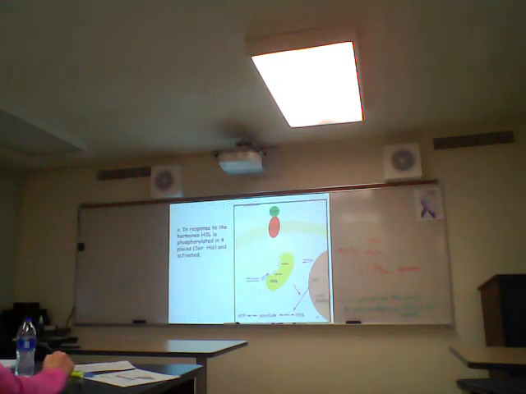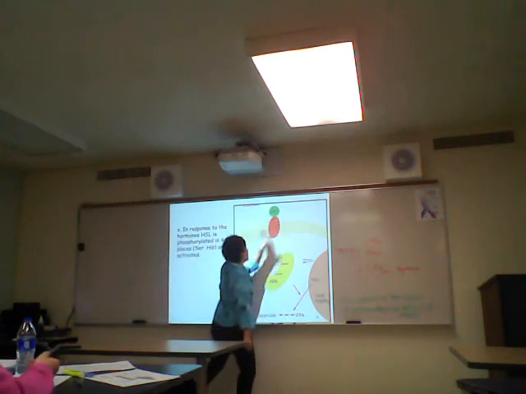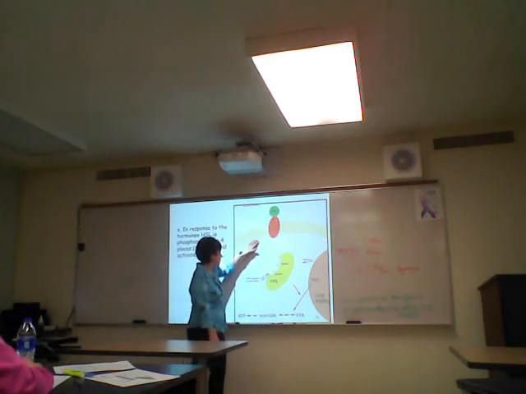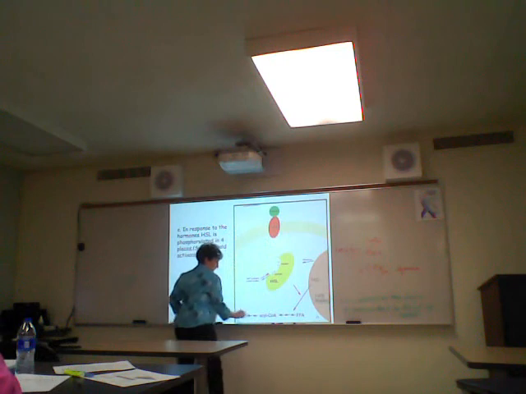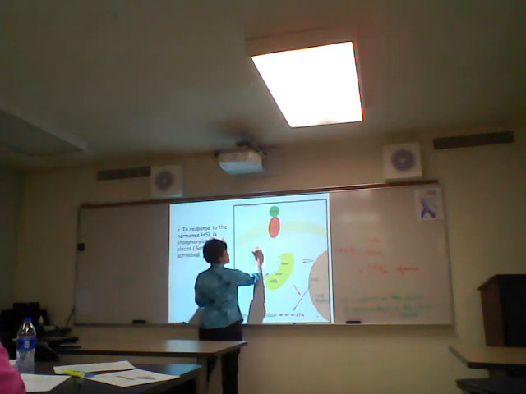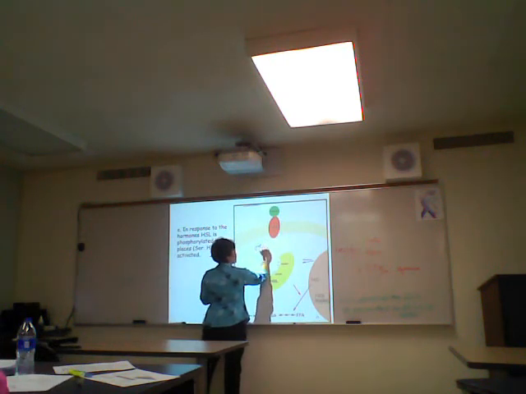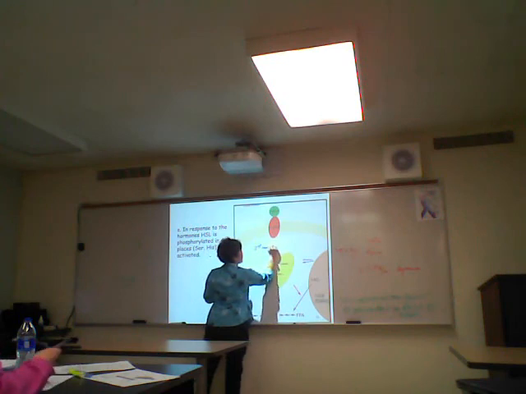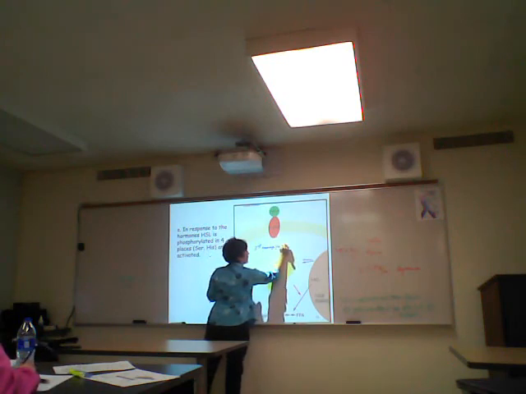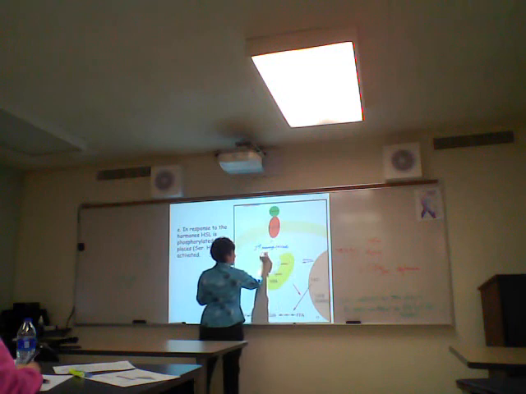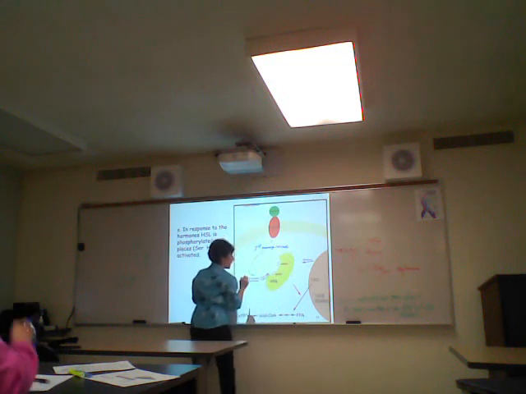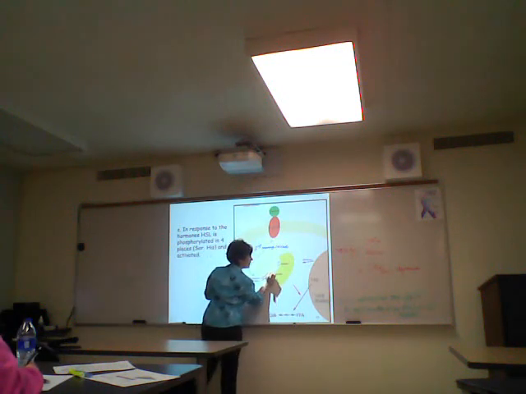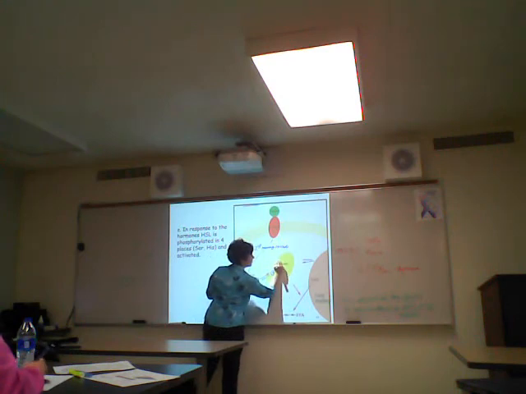So here's a little generic hormone receptor. And this hormone is going to start a secondary messenger cascade. The other picture has the adenylate cyclase and stuff in there. And in the process, it's going to phosphorylate this.